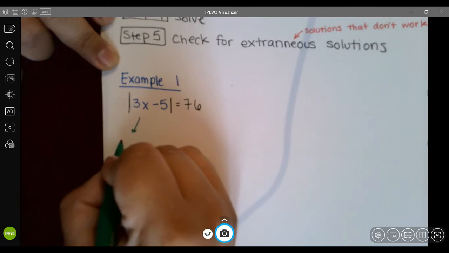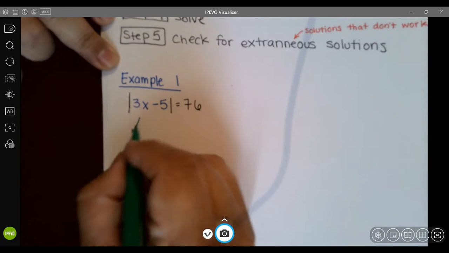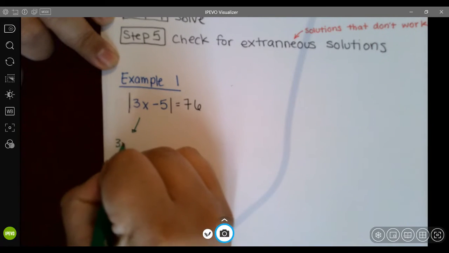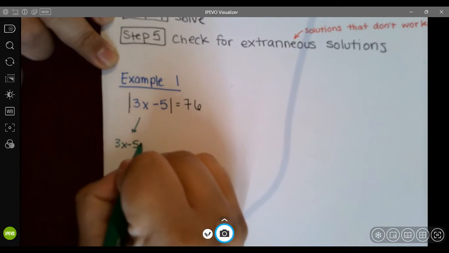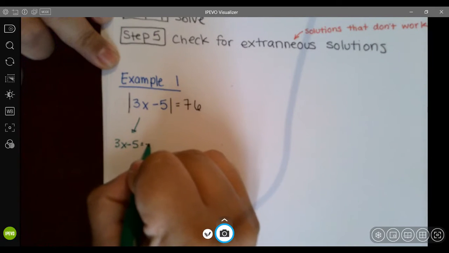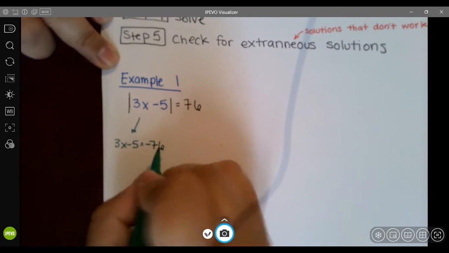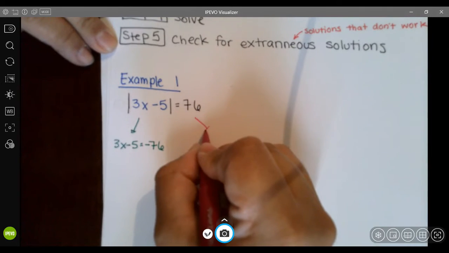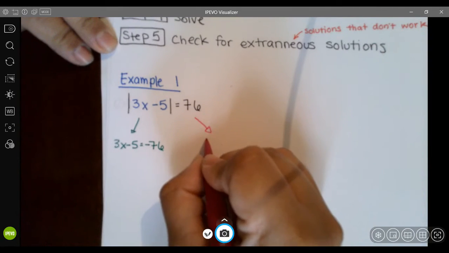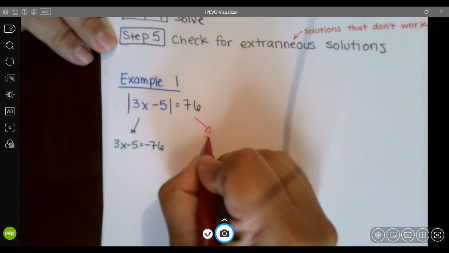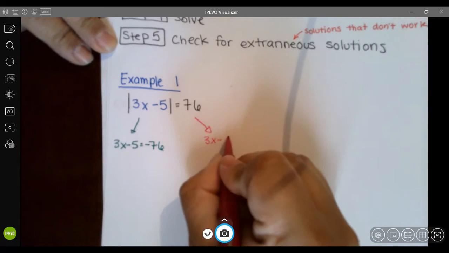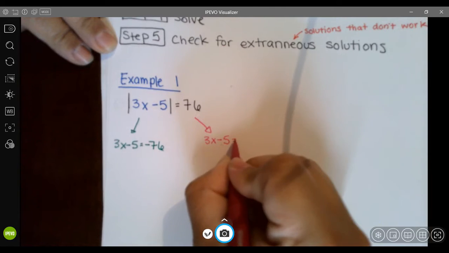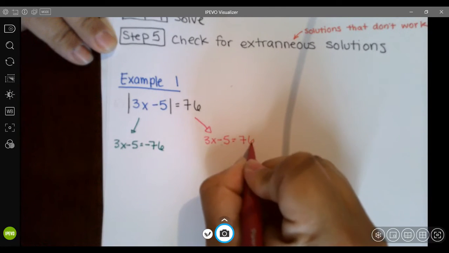So I'm going to write 3x minus 5 without the absolute value, and I'm going to put a negative 76. And over on this side, I'm going to write 3x minus 5, the same thing, without my absolute value, and a positive 76.